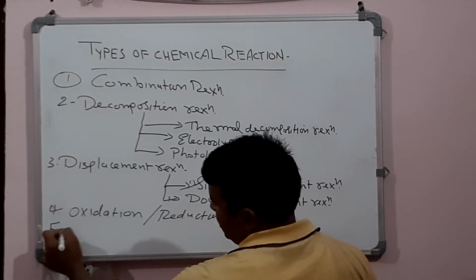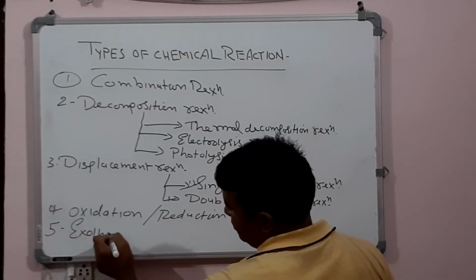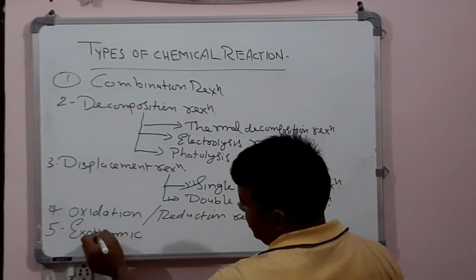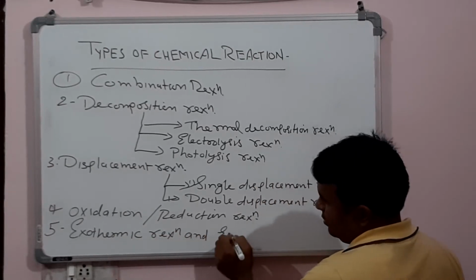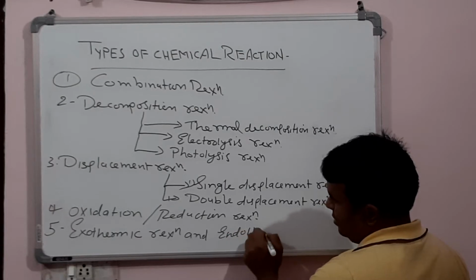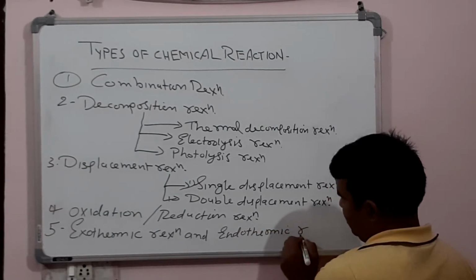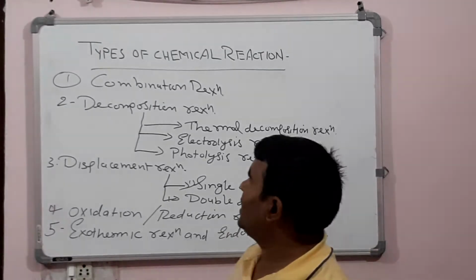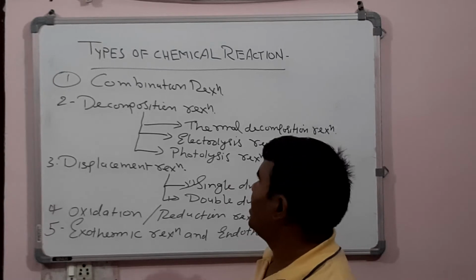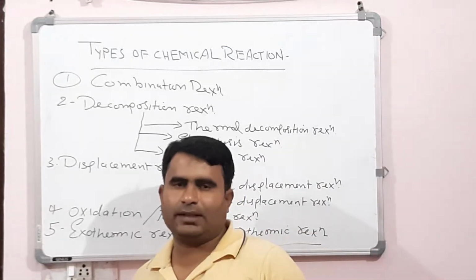Fifth type of reaction is exothermic reaction and endothermic reaction. Okay, these are the types of categories of chemical reactions according to 10th class.